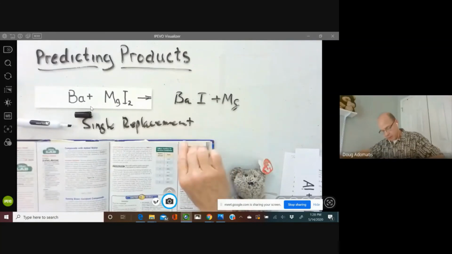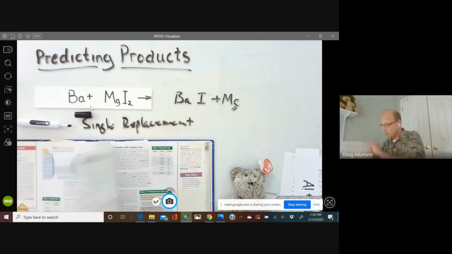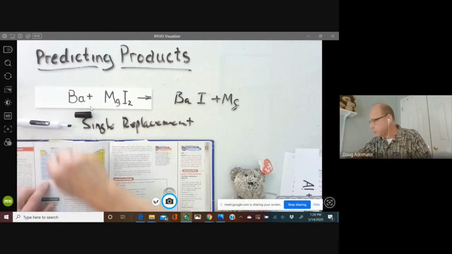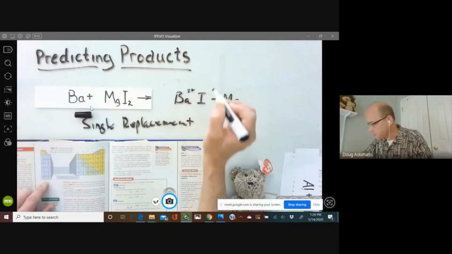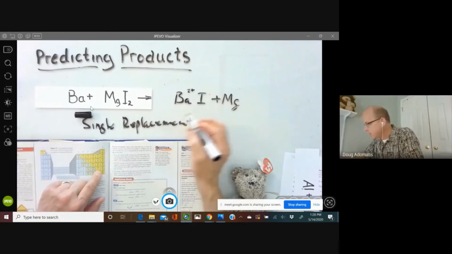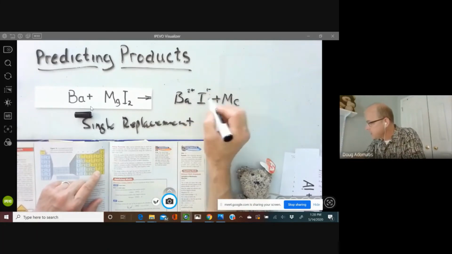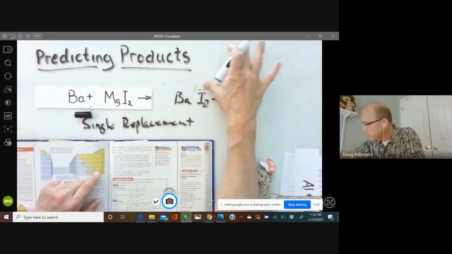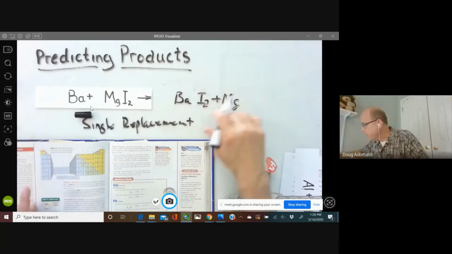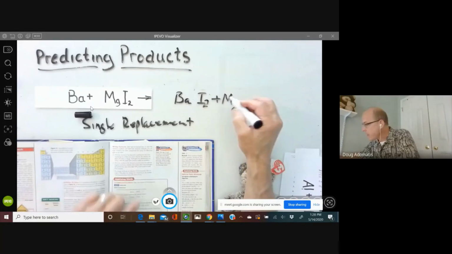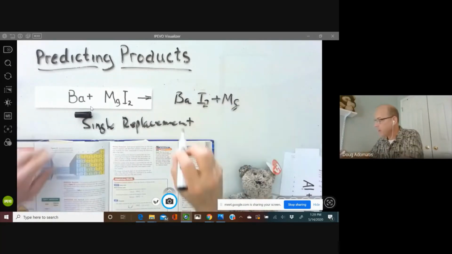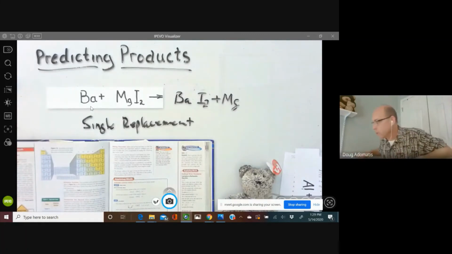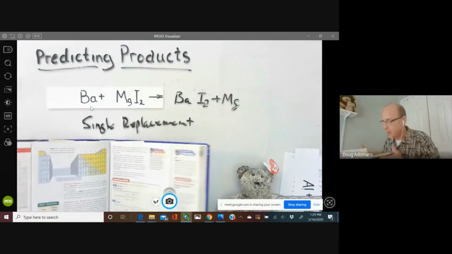It is a group 2, so it is a 2+, and iodine is a halogen, so that's a 1-. So it would actually be a BaI2. Okay, so you actually said it right, BaI2, and then elemental magnesium is going to be kicked out of it. Yep, that's exactly what's going on. Boy, don't you hope you get that one for your final exam, right?